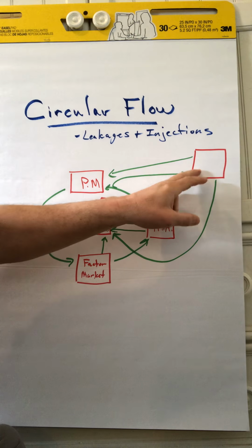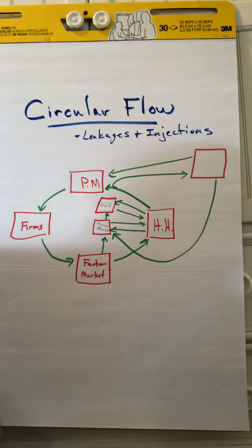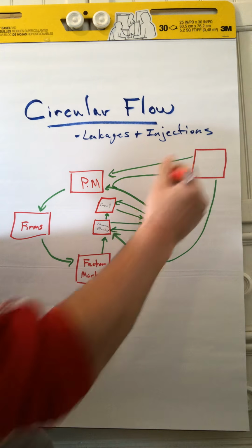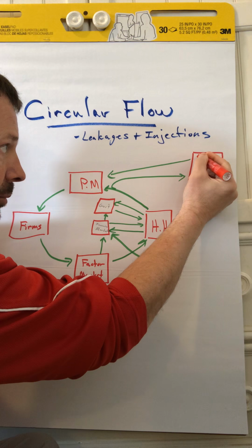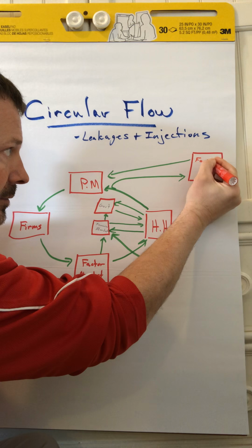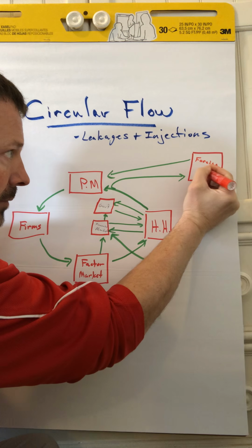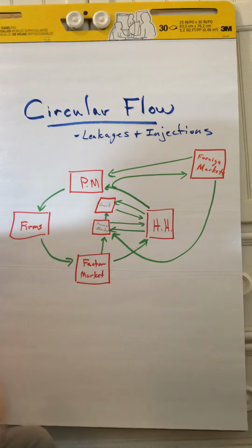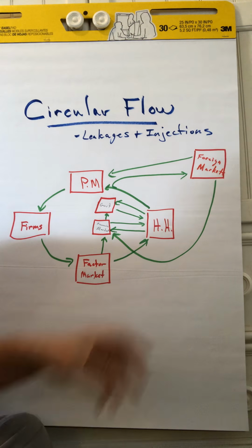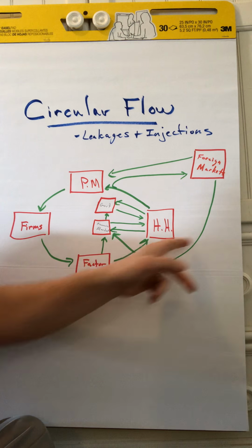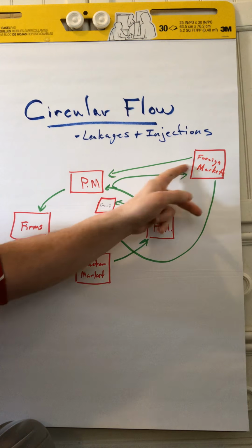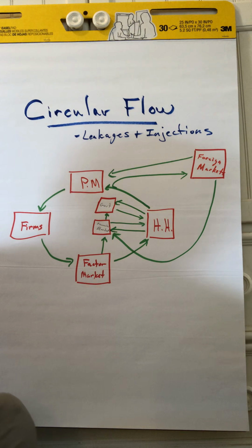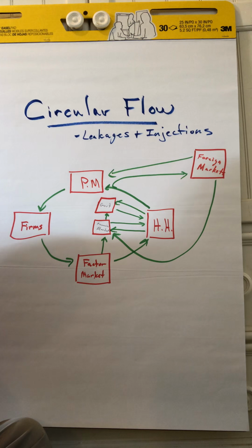And then the third sector that we're going to add with leakages and injections is the foreign markets. So I'm going to go ahead and put in foreign market. At the foreign markets, sometimes money's coming this way, sometimes it's going that way, sometimes it's coming in and out here as well. So let's go through and talk about some of those leakages and injections.